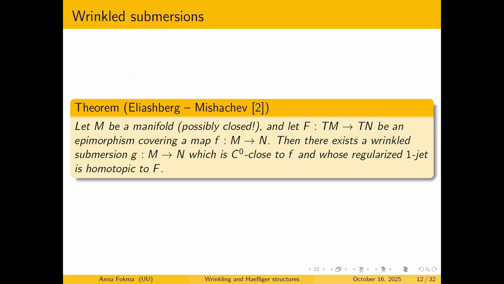It states that if you are given an epimorphism, meaning a formal submersion, then there exists a wrinkled submersion, which is just a submersion whose singularities locally look like one of those wrinkles on the previous slide. And this wrinkled submersion is close to the map underlying the epimorphism we're given. And if we take the jet of this wrinkled submersion and regularize it, the result is homotopic to the given epimorphism.